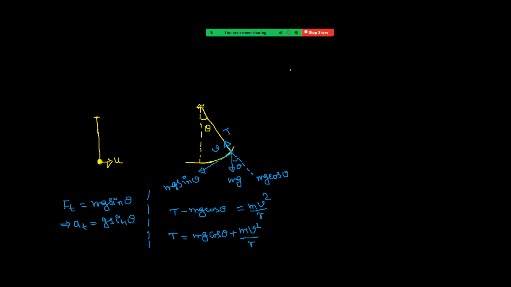Now see carefully. We want to calculate the minimum velocity that we have to provide at the bottom of the circle. So this u minimum we have to calculate.